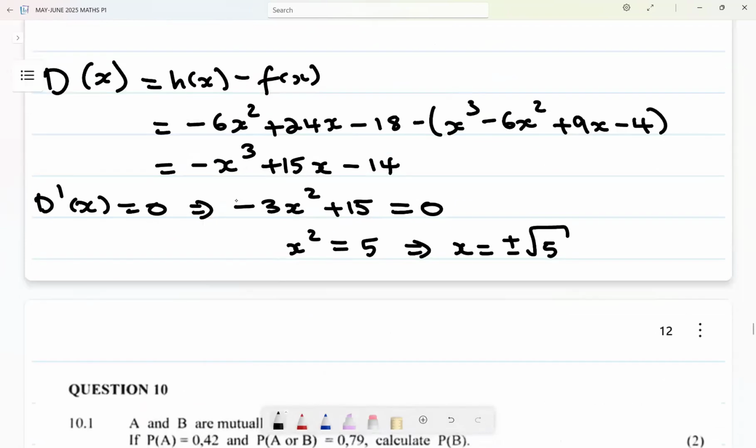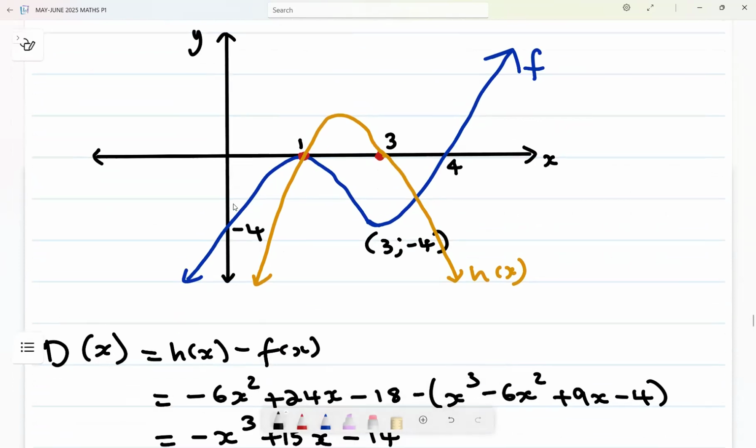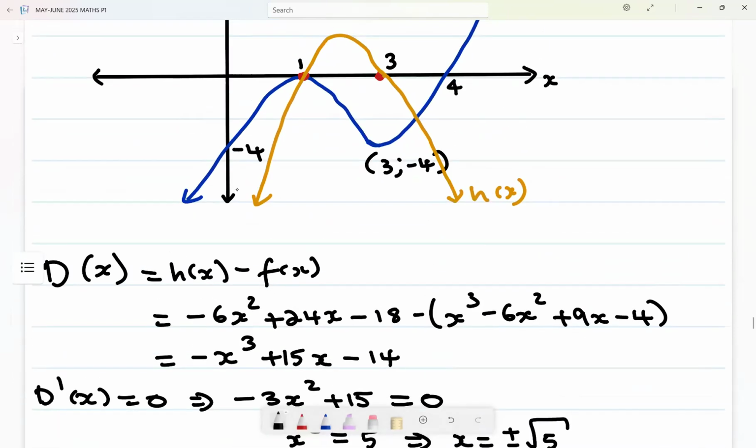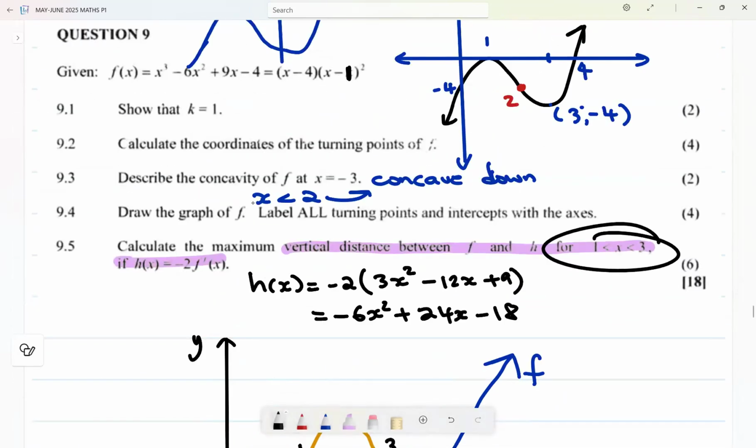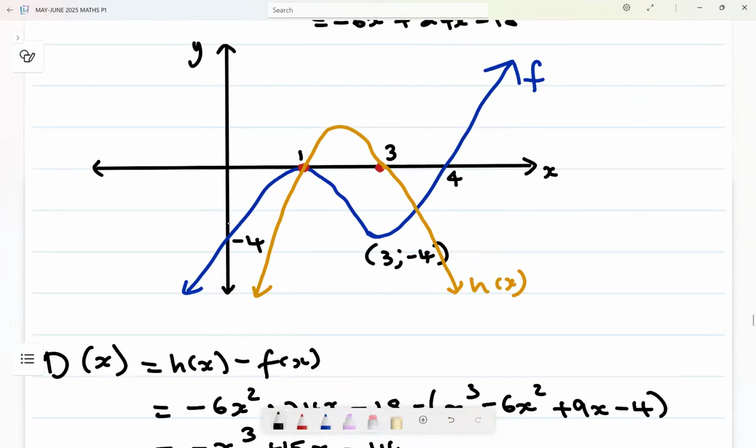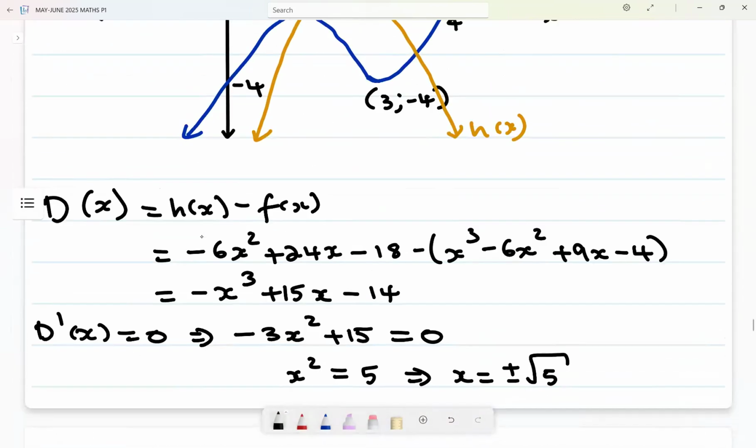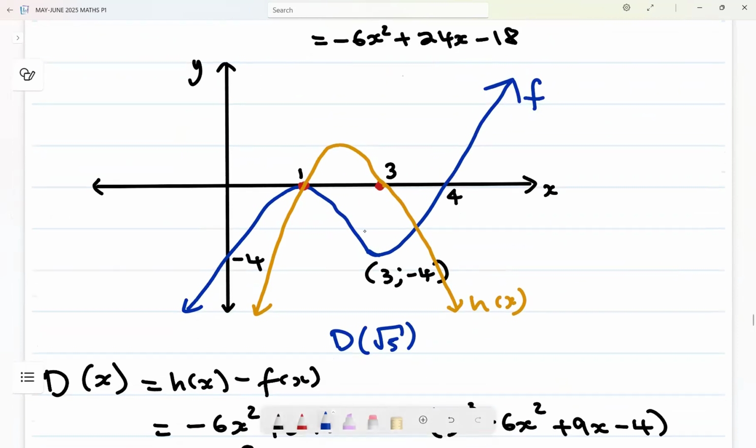So I want the value of the maximum distance when x is between, they told me, 1 and 3. So between 1 and 3, it should be positive. So for me to find the maximum distance, I'll come here and say d of square root of 5. Okay, because negative square root of 5 is not between 1 and 3.